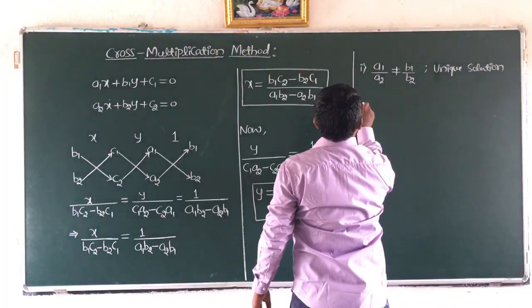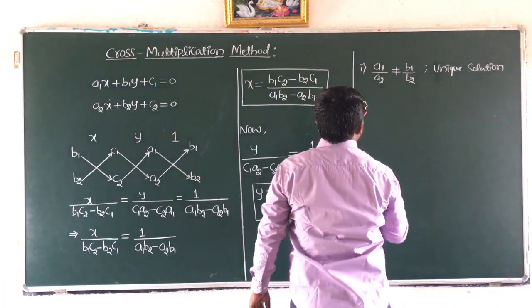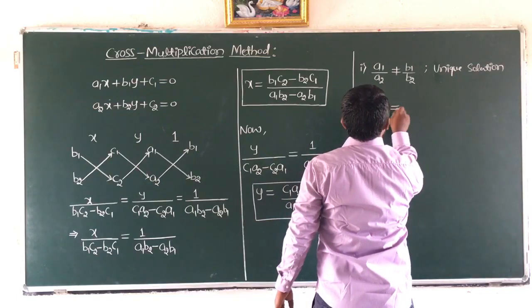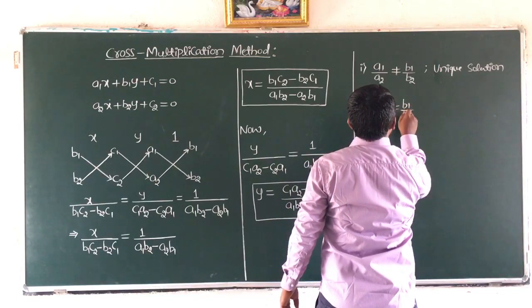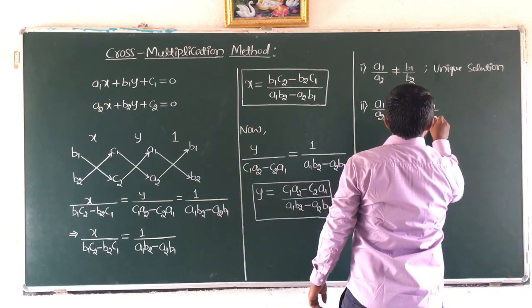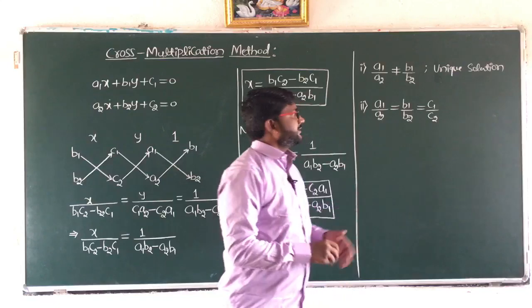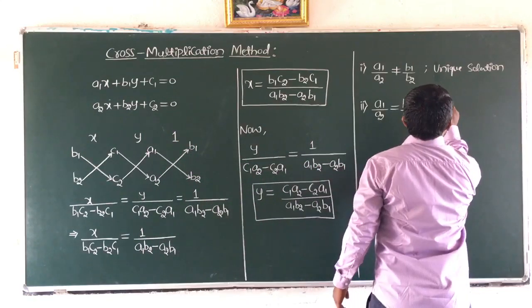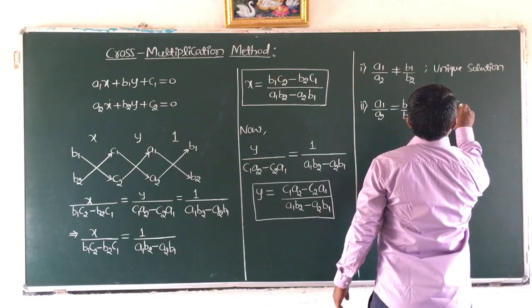Then the second one, a1 by a2 equals b1 by b2 equals c1 by c2. This condition is for infinitely many solutions.